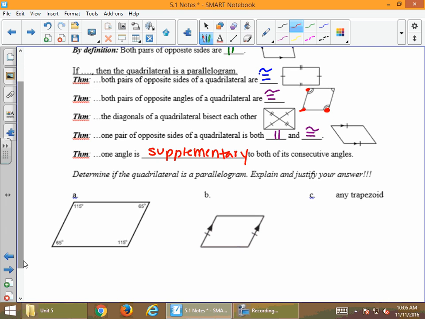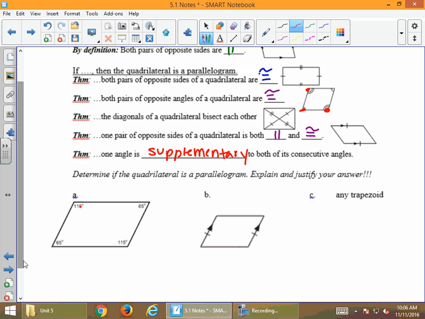Right? So this next section, we're going to take that information to determine if the following quadrilaterals are parallelograms. Explain your answer. So take a look at A. Is that a parallelogram? Yes, no, maybe so. That's a parallelogram. Yes. Yeah, why? Aaliyah? Good, the opposite angles are the same.